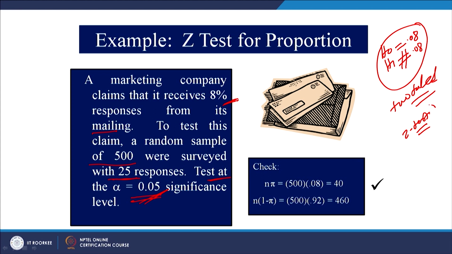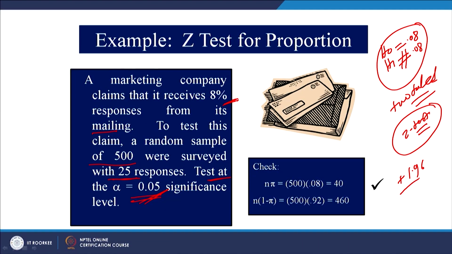Since we are using z test, what would be the critical table limits? That would be 1.96, is not it. I think by this time you would have understood that at 0.05 significance level z values are 1.96 both sides, right.